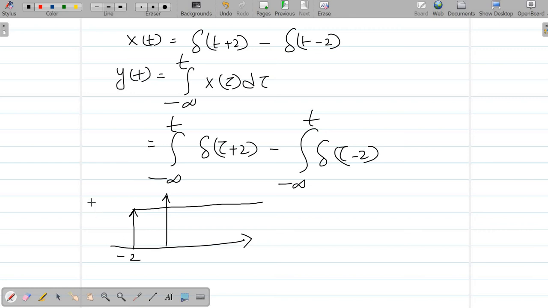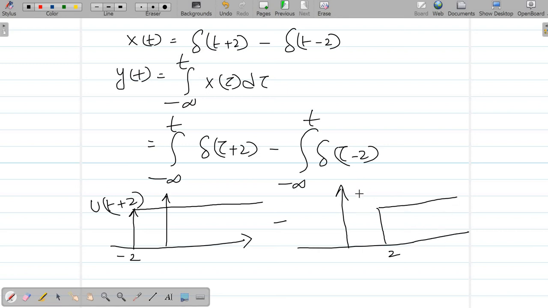This is nothing but u of t plus 2. Next, I have an impulse at 2, and when I do the integration, it becomes a signal like this, and this is nothing but u of t minus 2.